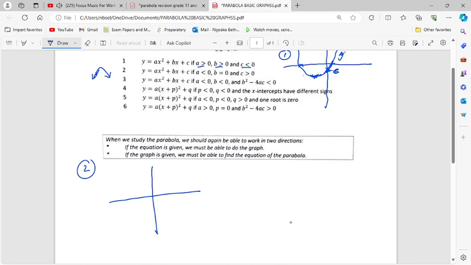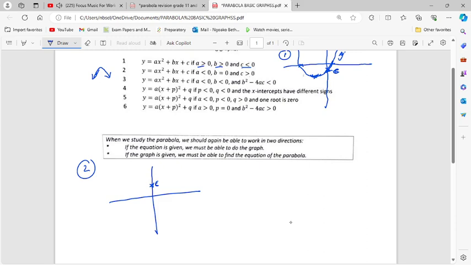Now b is 0, we'll come to that. But c is positive, so the graph must cut through a positive point on the y-axis. Greater than 0 is positive, less than 0 is negative, but we know the shape in this one.